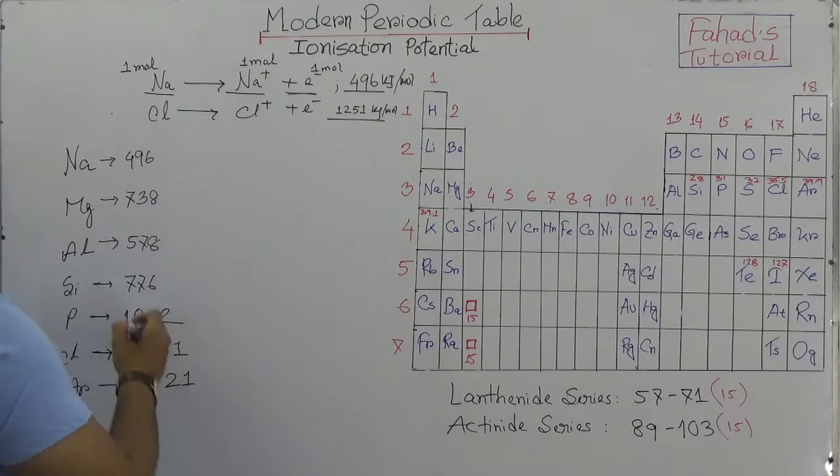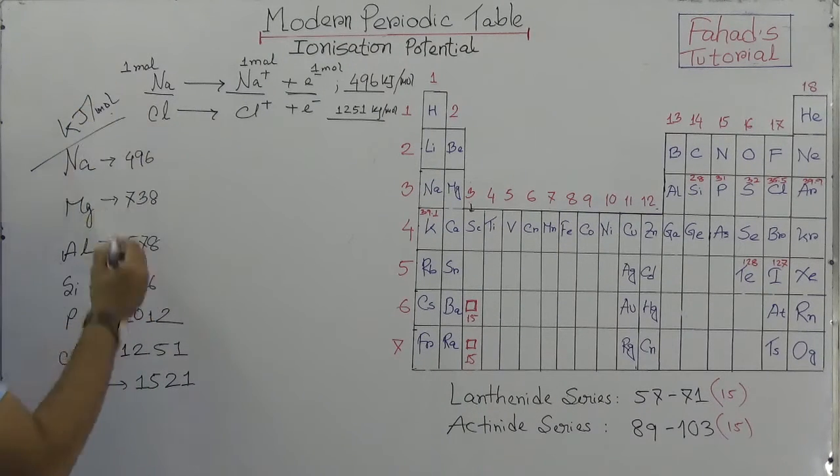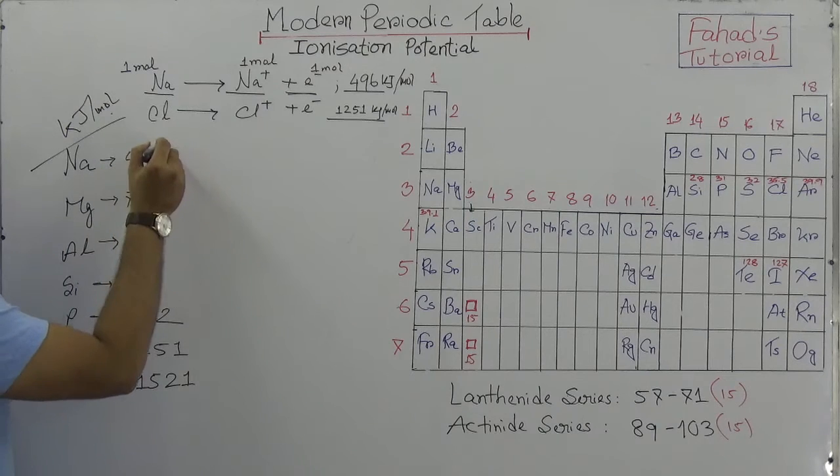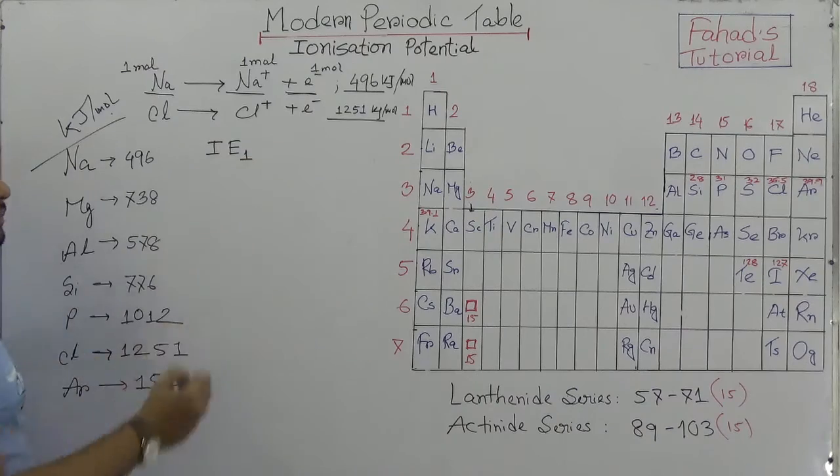All these ionization energies are in kilojoule per mole, and this is actually ionization energy 1.